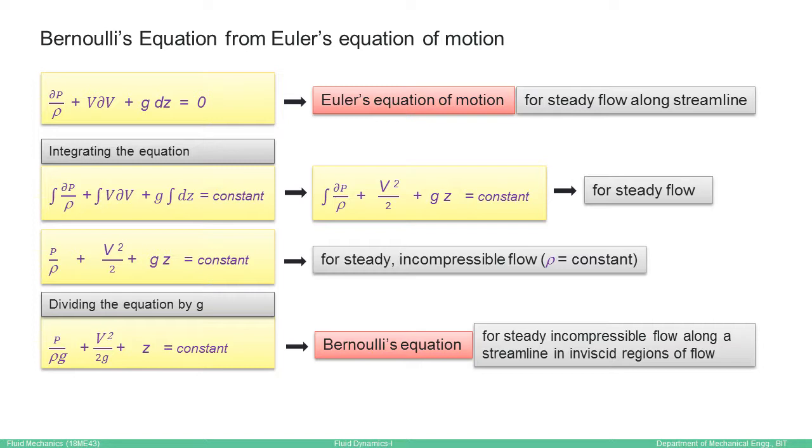So the energy equation, when you apply all these simplifying assumptions, reduces to Bernoulli's equation. So you can conclude that the energy equation is the most general equation from which you can deduce Bernoulli's equation. But I am not going through those steps of deduction.